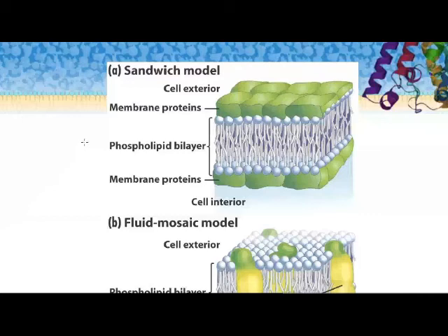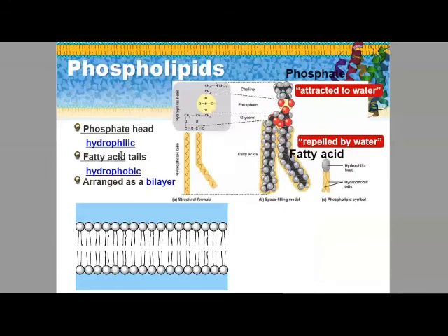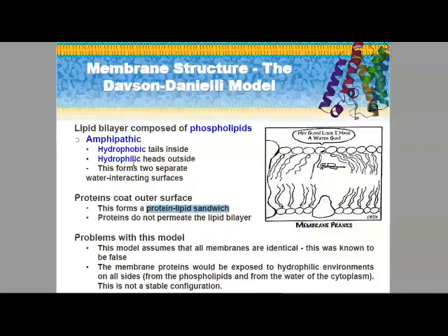Okay, and that's the only way they could have been exposed and remain in that position. But if we assume that this protein coat is based on hydrophilic amino acids, then we must assume, guys, that all the plasma membranes for all the cells must be identical.